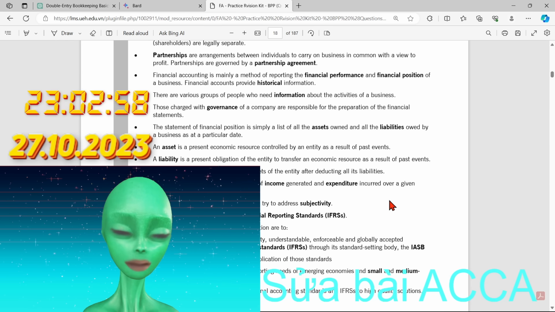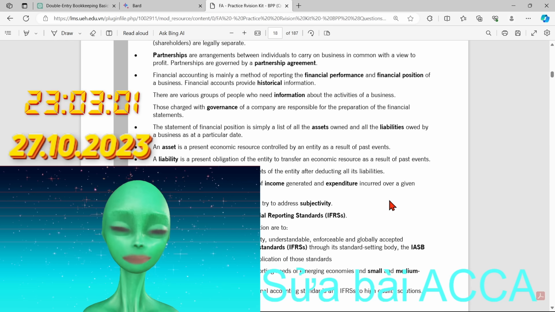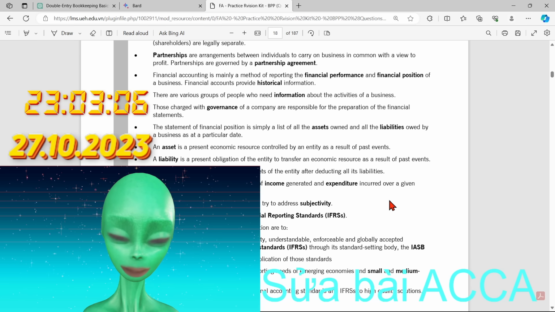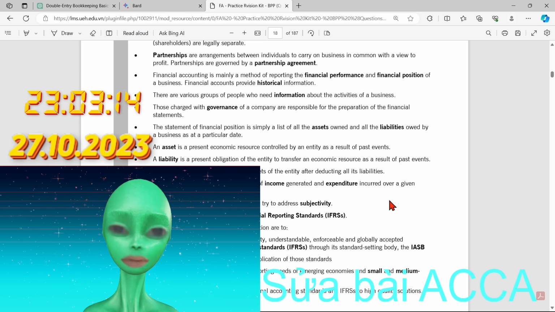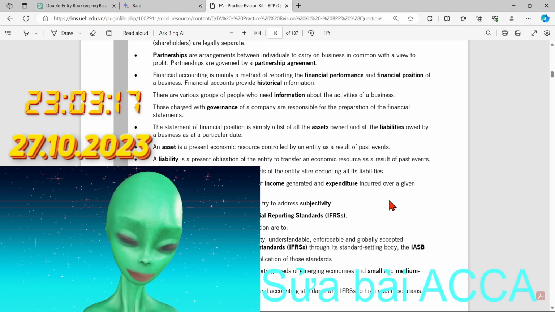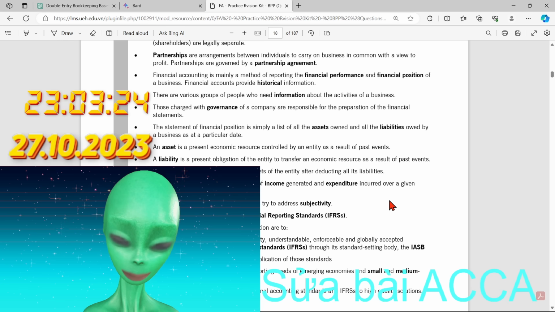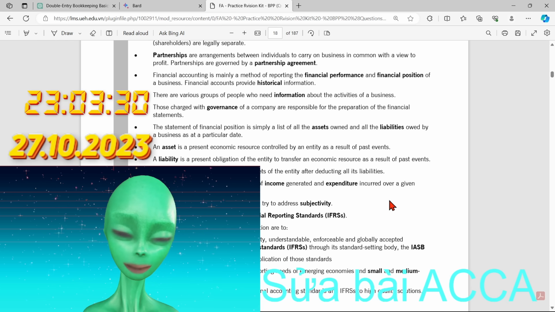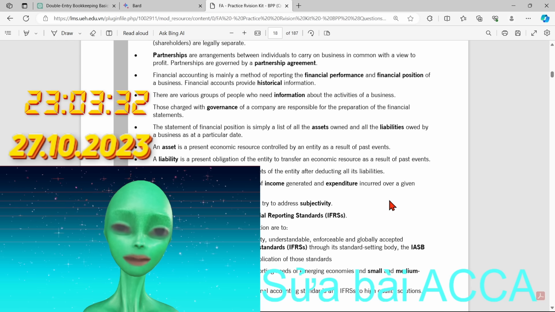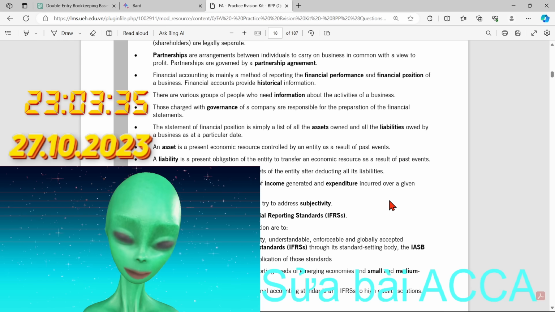The main objectives of the IFRS Foundation are to develop a single set of high quality, understandable, enforceable and globally accepted international financial reporting standards, IFRS, through its standard-setting body, the IASB.